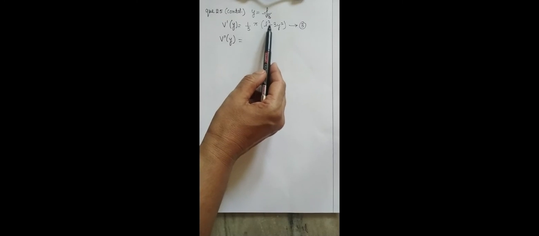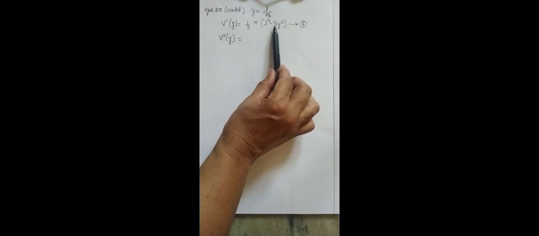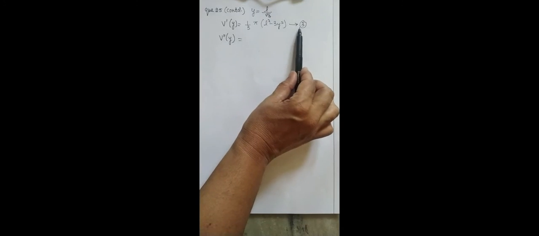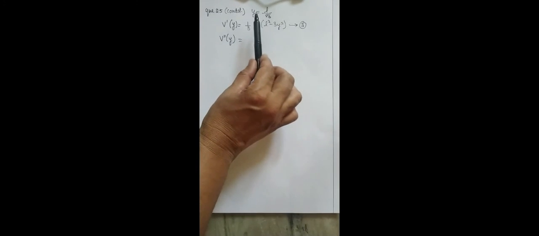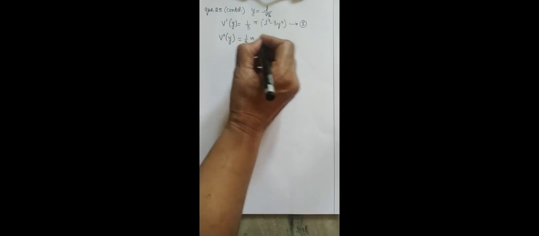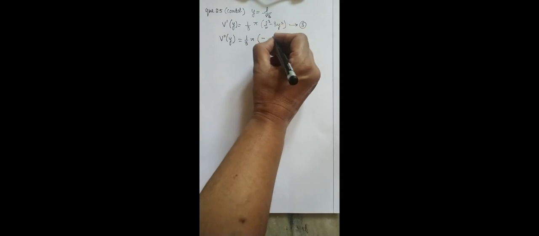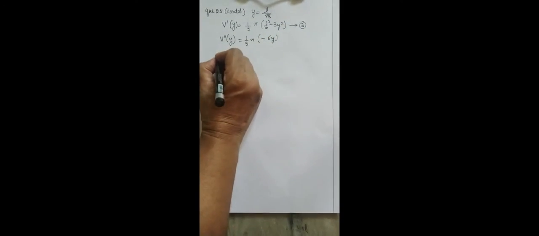Now my first derivative was 1 upon 3 pi into L square minus 3y square. I mark this as equation number 1, and I have found that y is equal to L upon square root 3. So now, finding the double derivative, I will differentiate result number 3 with respect to y. I will get 1 upon 3 pi, the derivative of L square is 0, and the derivative of 3y square is 6y, with a minus sign.